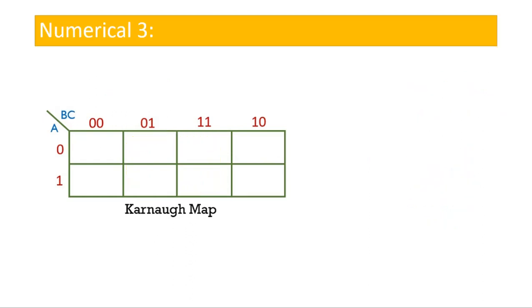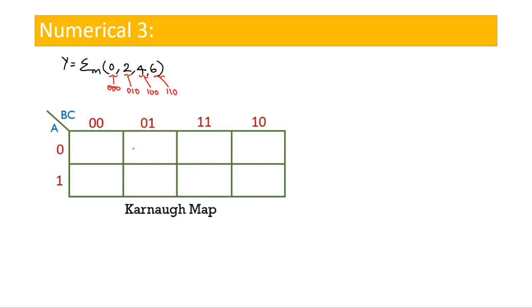Coming to the third numerical, we have y to be equal to summation m 0, 2, 4, 6. This is equivalent to 0, 0, 0. This is equivalent to 0, 1, 0. This is equivalent to 1, 0, 0. This is equivalent to 1, 1, 0.